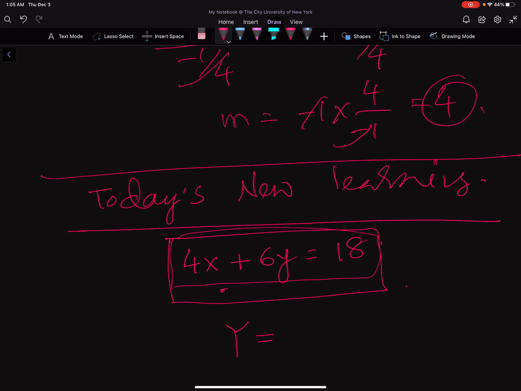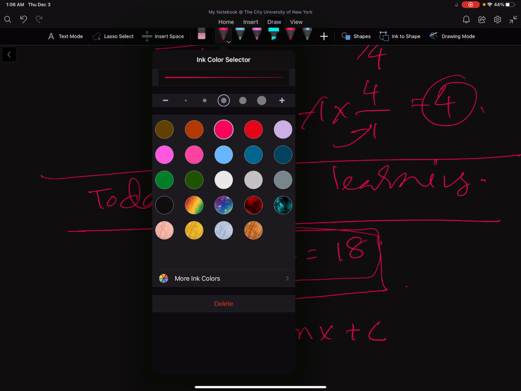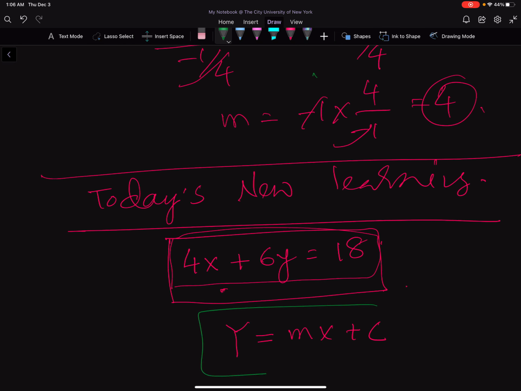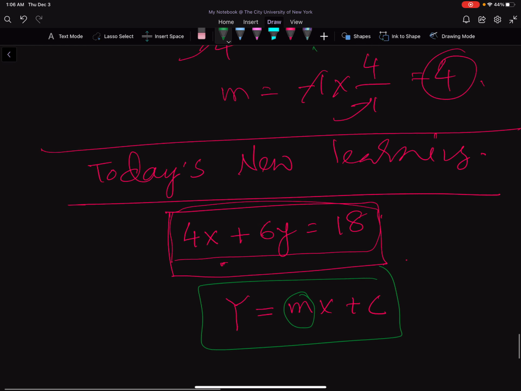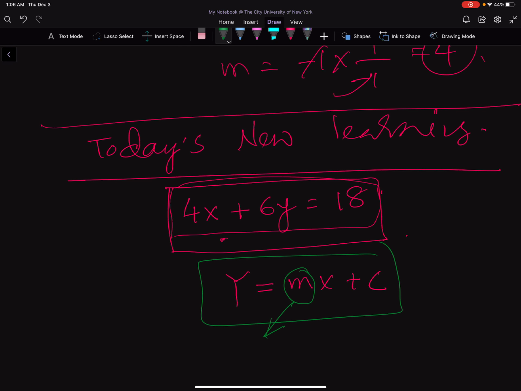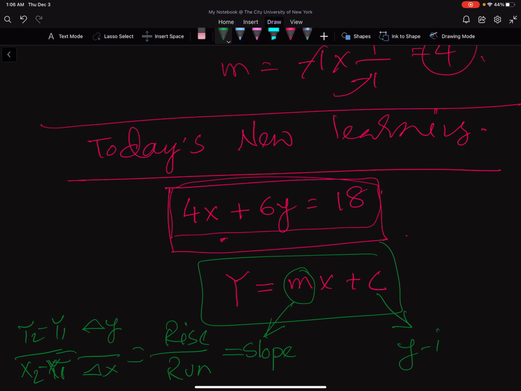But for the slope form, it should be mx plus c, where in this equation, m is the slope, the coefficient of x, the rate of change, that rise over run, or whatever you say, and the change in x. And c is your y-intercept.